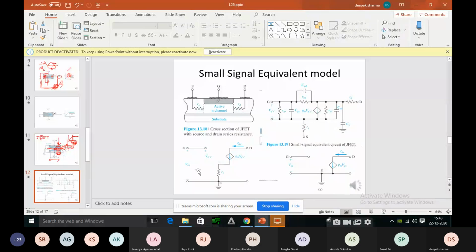The resistance which appears from the input side. Gate is the input side, source is common, output side is drain. So from the input side, the resistance we see is called input resistance. And for JFET and for MOSFET, ideally speaking, the input resistance is infinity.